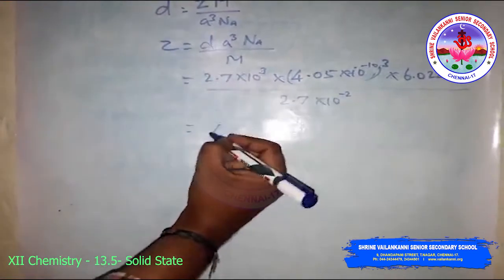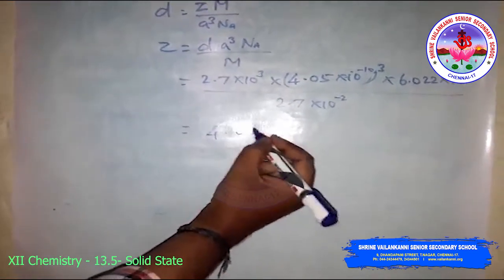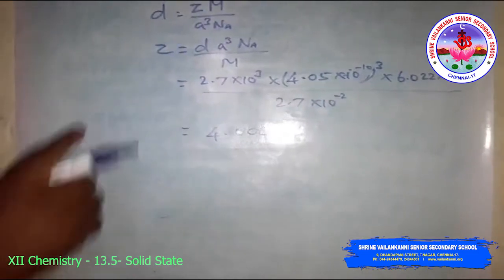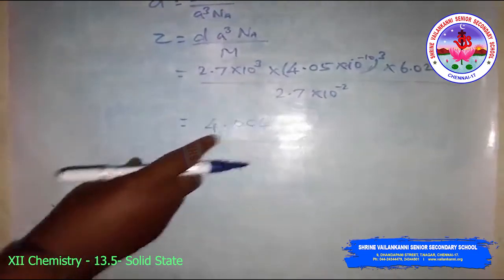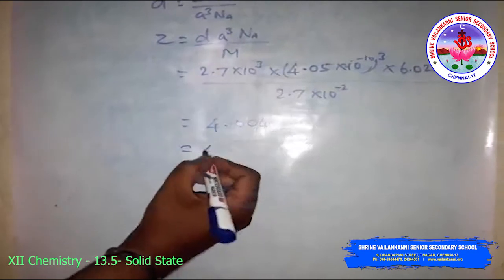After simplifying we get the value 4.004. So Z has no unit, and it is approximately 4.